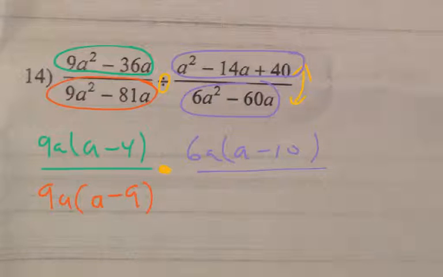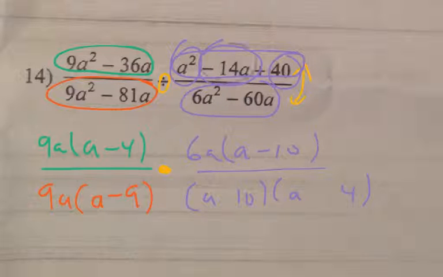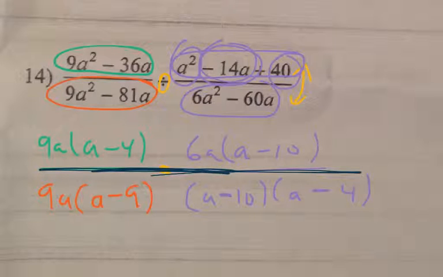Oh, that's parentheses again, right? That's FOIL backwards. So we're going to do a times a for a squared. 10 times 4 is 40. How do I get a minus 14? Negative 10, negative 4.